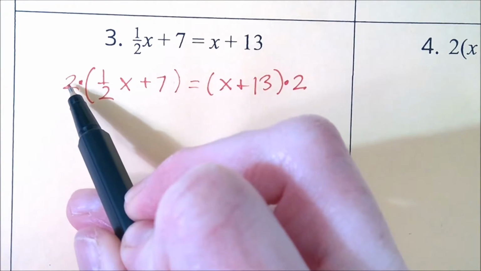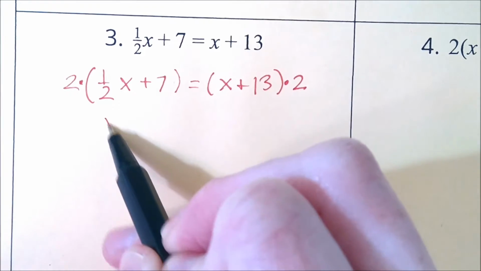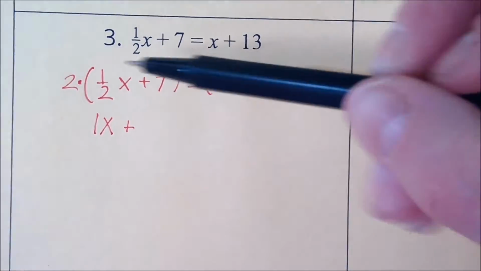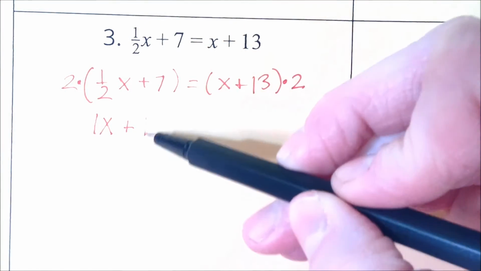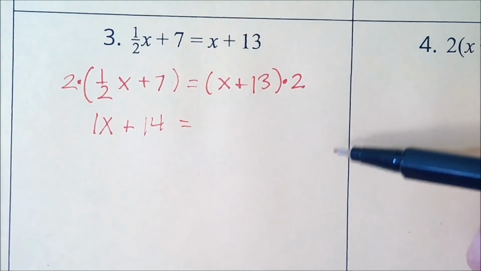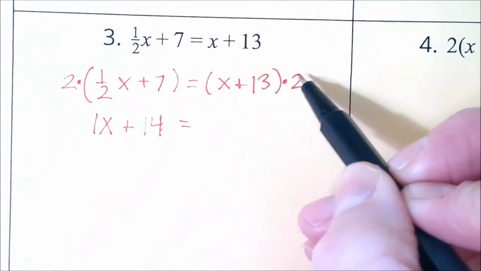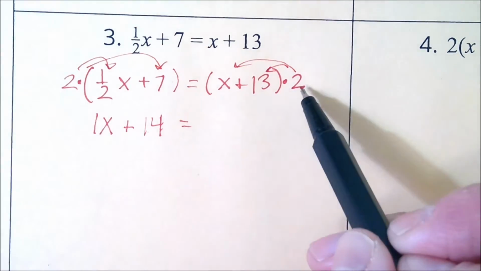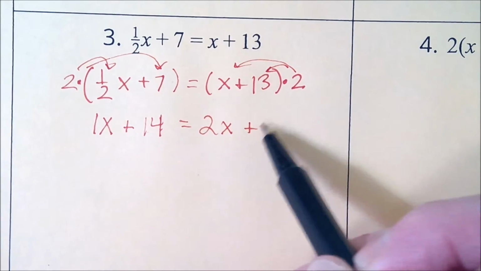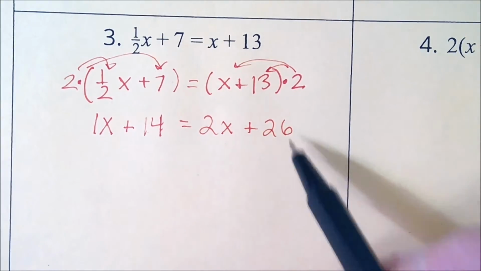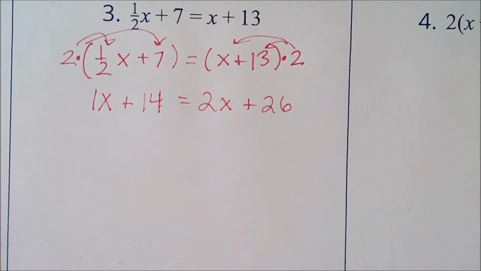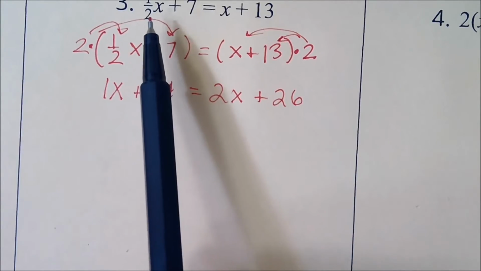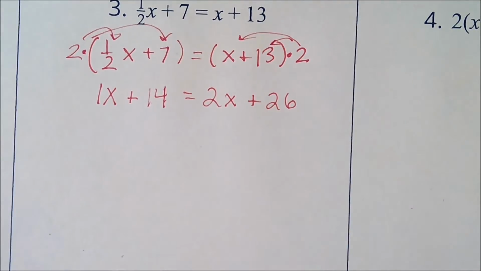And what's going to happen is 2 times 1/2 is just 1. 2 times 7 is 14. On this side, let me show you this. 2 times x is 2x. 2 times 13 is 26. Now again, you don't have to do it this way. You could have, negative 1/2 x on each side.